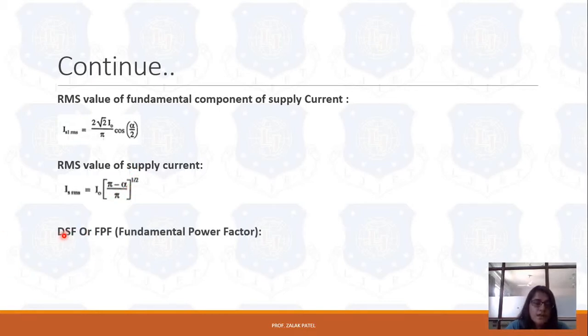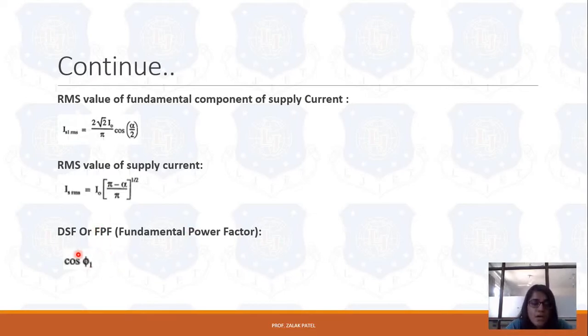Now moving towards the next component, that is DSF or FPF, meaning displacement factor or fundamental power factor. It is calculated as the cosine of that particular angle, or we can also say it is the power factor. Normally in circuits, power factor is given by R upon Z, the resistive part upon the impedance part.